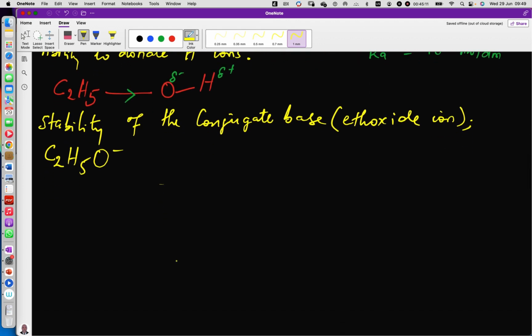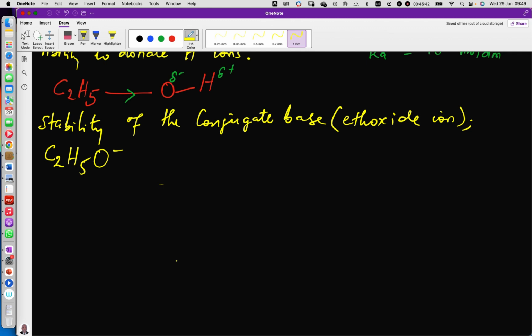It should be noted that the ethyl group increases the negative charge on the ethoxide ion. This makes the ethoxide ion more basic than the OH.